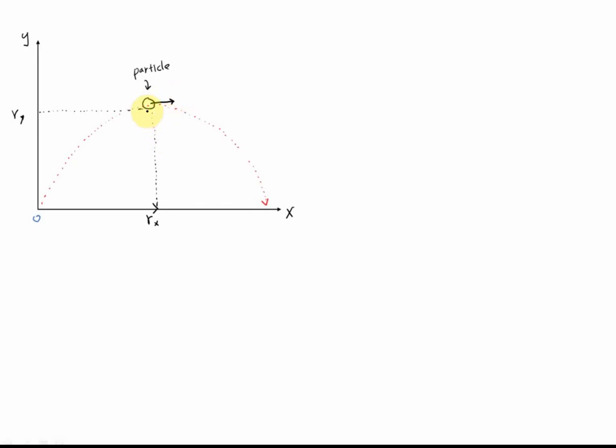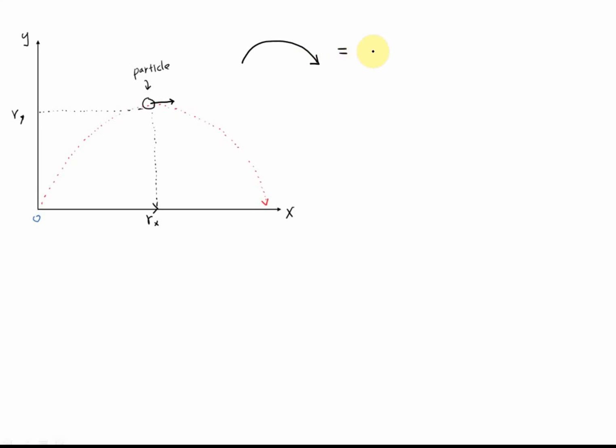Then we know that you can break the position vector into x and y. That means we can analyze the motion of my curved path by breaking the motion into x directional motion and y directional motion. Right? So this curved path, let's say the ball is moved in this way.